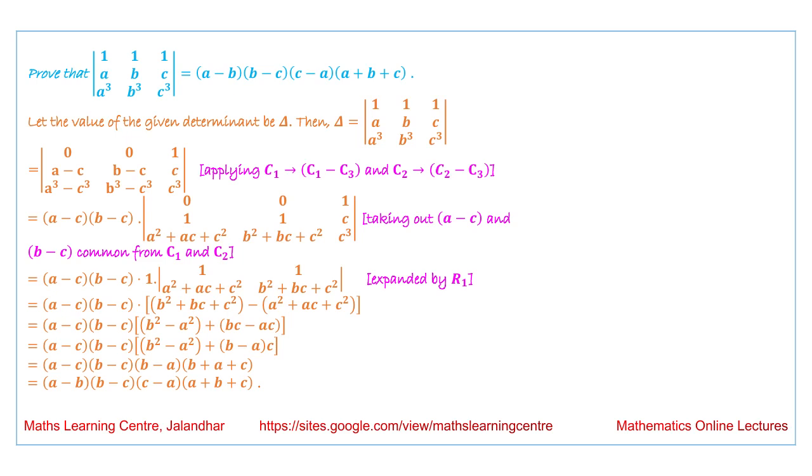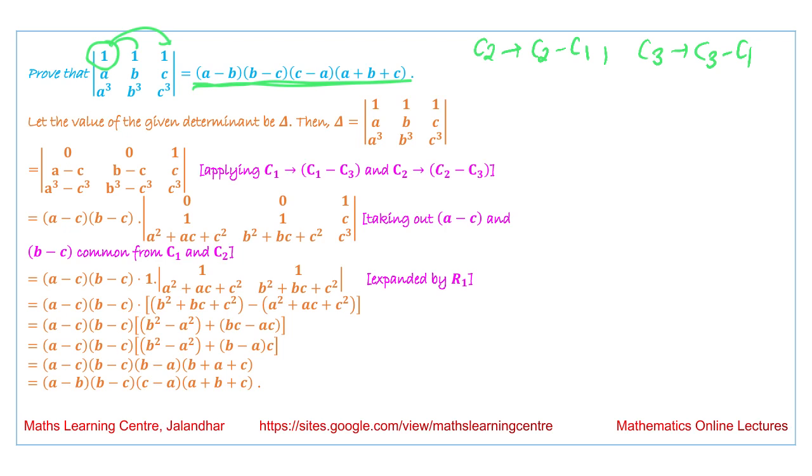In this question we have to prove that this determinant is equal to this value. So again, with the help of this 1, we can make both these terms equal to 0. So we are performing the operation column 2 becomes column 2 minus column 1, column 3 becomes column 3 minus column 1.